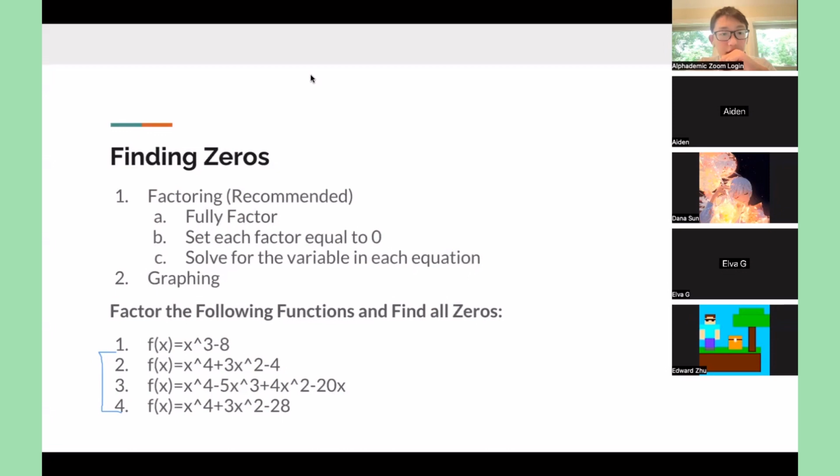Alrighty. So I already went over the answer for number 1. For number 2, you would have plus or minus 2i, or plus or minus 1. And then for number 3, you would get 0, 5, or plus or minus 2i.